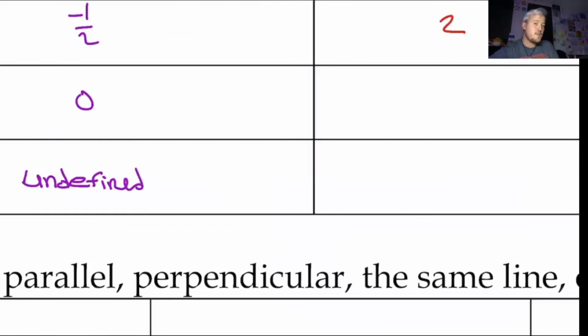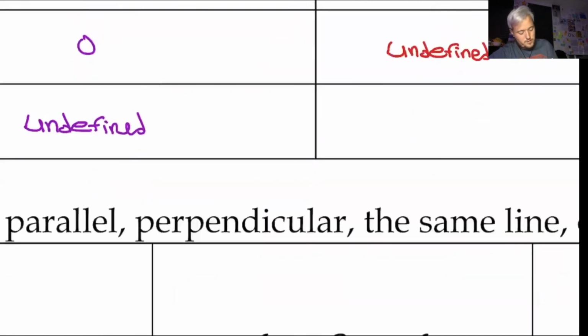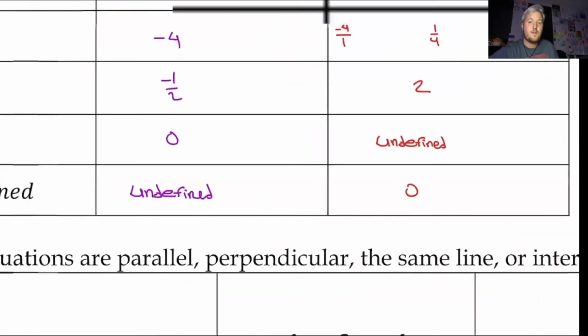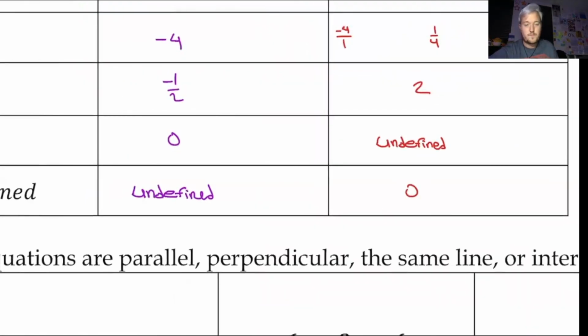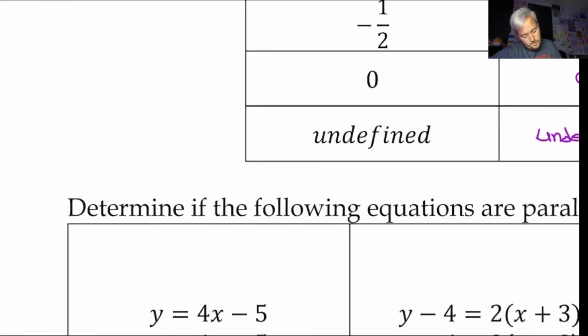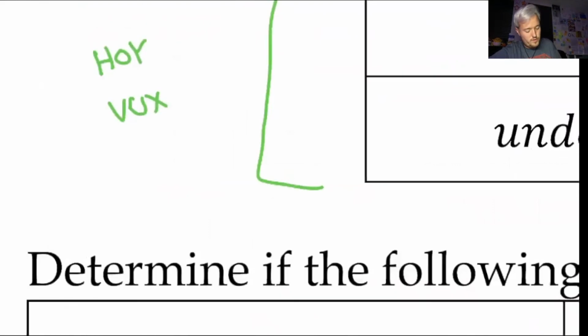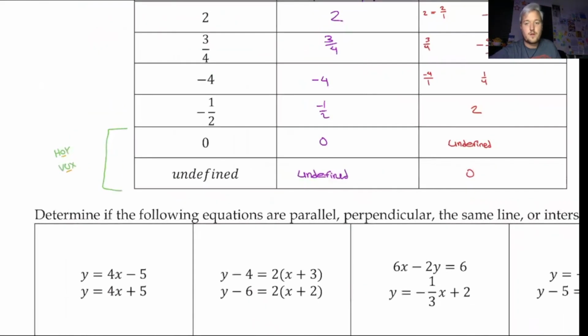The perpendicular to 0 is actually undefined, whereas the perpendicular to undefined is 0. So these are your tricky problems. Just to make it clear, these are your tricky ones, with 0 slope and undefined slope.